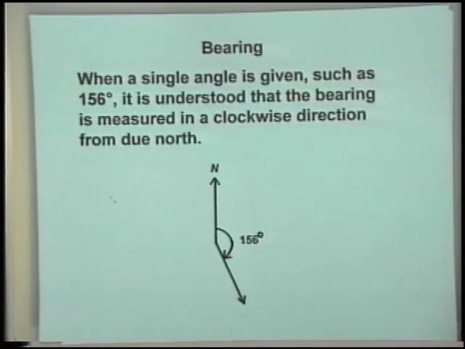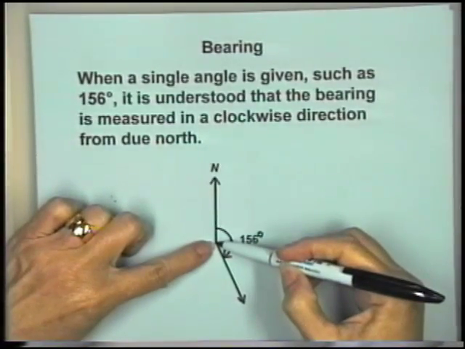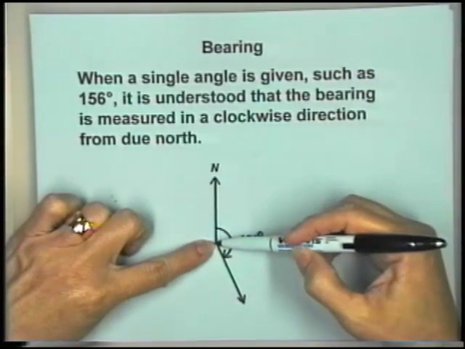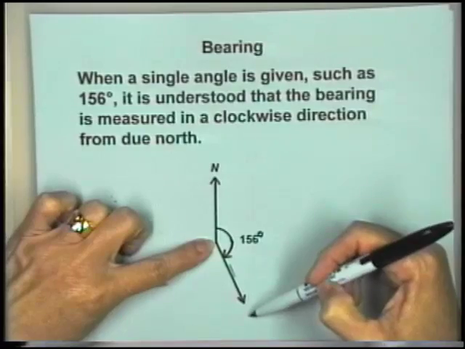When a single angle is given, such as 156 degrees, it is understood that the bearing is measured in a clockwise direction from due north. So if we said that a plane was flying on a bearing of 156 degrees, and we'll just pretend that the airport is right here, that would mean that it was flying out in this direction.